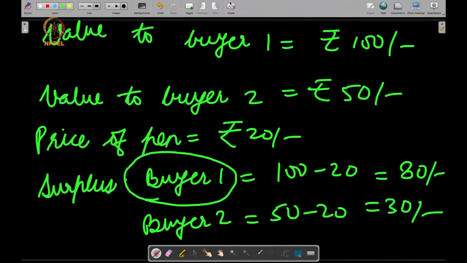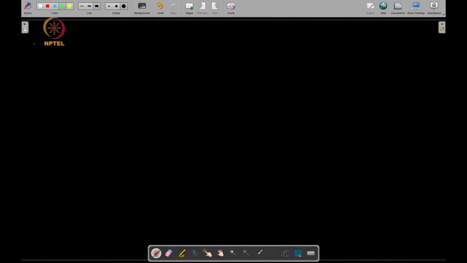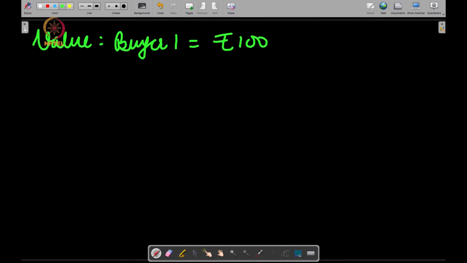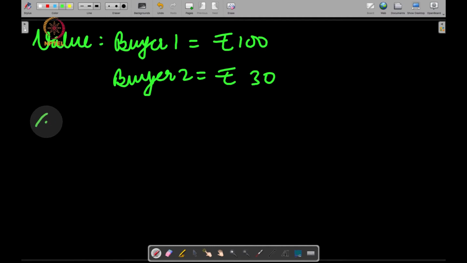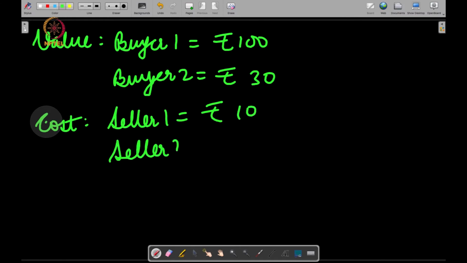Or in other words, what we are saying is that, say, the value to buyer 1 is rupees 100, the value to buyer 2 is rupees 30, the cost for seller 1 is, say, rupees 10, and the cost to seller 2 is rupees 15.